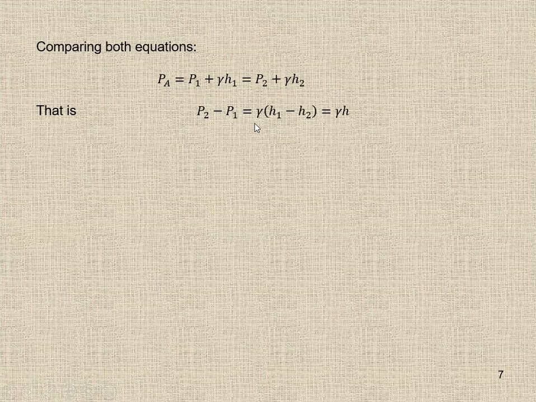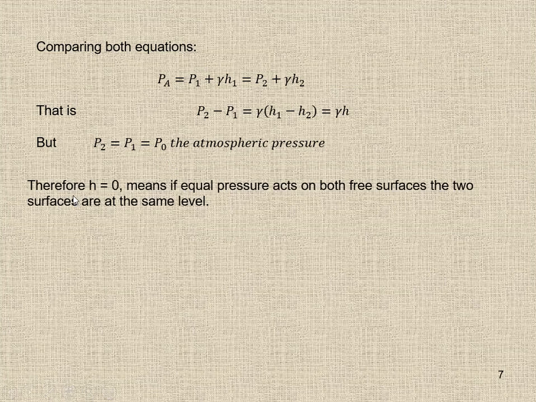So P1 minus P2 will be equal to gamma times (H2 minus H1), which is gamma H. This is the pressure difference we will get. But if P1 and P2 are both atmospheric pressure, what will happen? Therefore H is going to be 0.